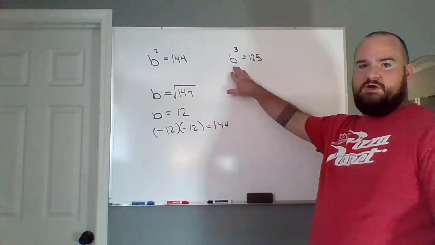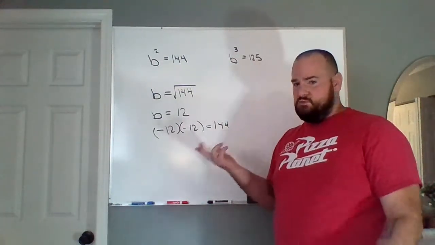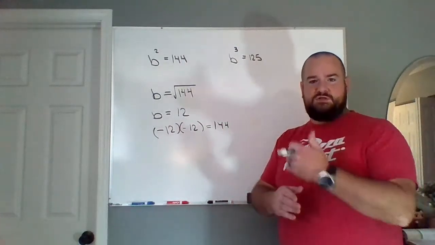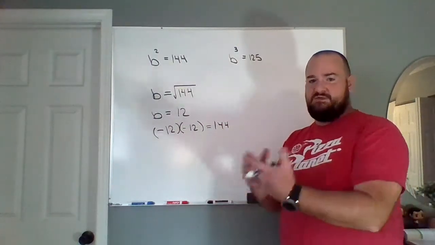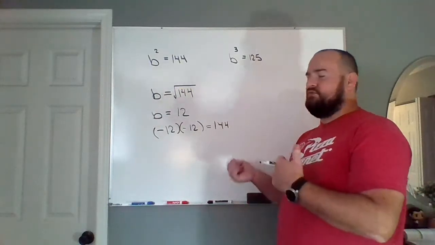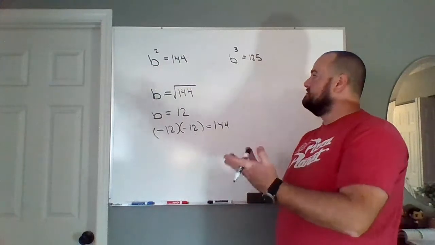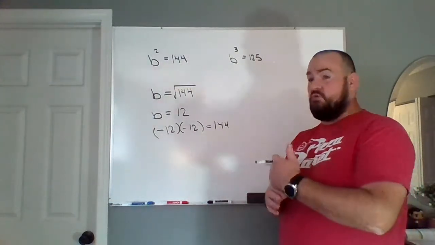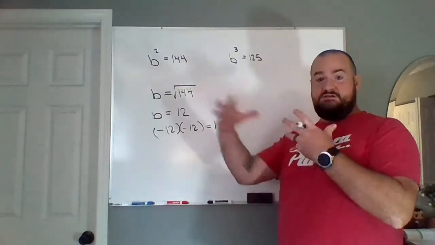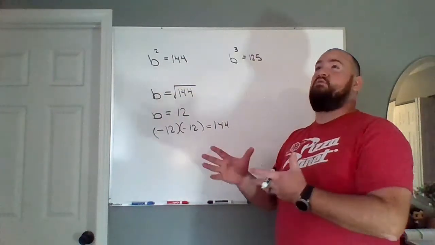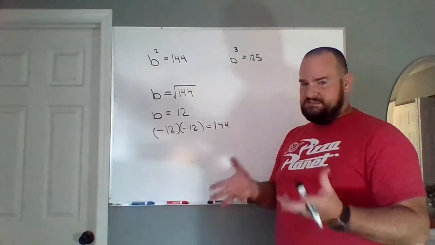So let's just guess. Well, we know 1 cubed is 1. 2 cubed, we've talked about a couple times, and 2 times 2 is 4, times 2 is 8, so that's not big enough. 3 times 3 is 9, times 3 is 27. Okay, so we're getting bigger, but not there yet. Maybe it's 4. We know these things can jump pretty quick. 4 times 4 is 16, 16 times 4 is 64. That's about halfway there.